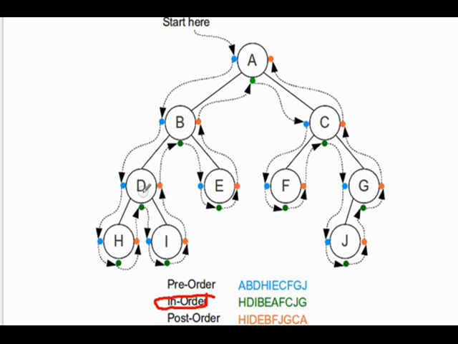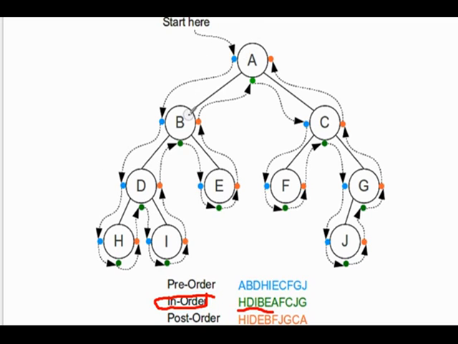So let's see, we have H, the leftmost, and then self, and then the right. Then we have B, which is the left self of this, and then the right. So H, D, I, B, E. So far so good.